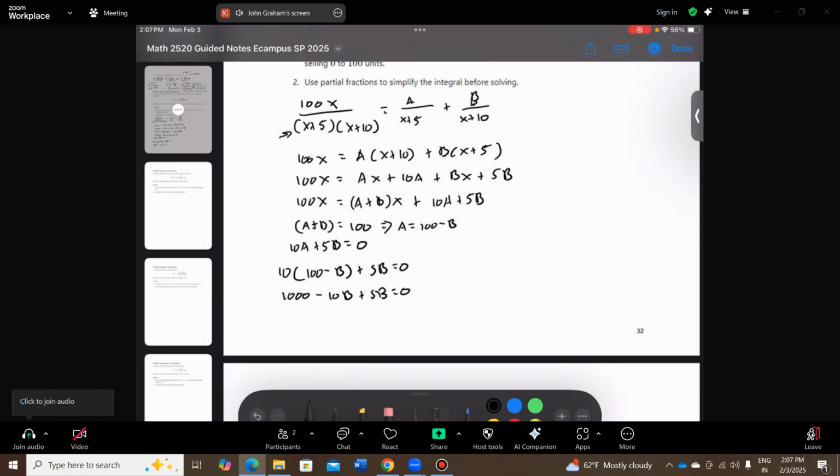Okay, subtract the 1000 over. We'll have negative 5B equals negative 1000. Divide by negative 5, you get B equals 200. And then that means A equals 100 minus 200, which is negative 100.